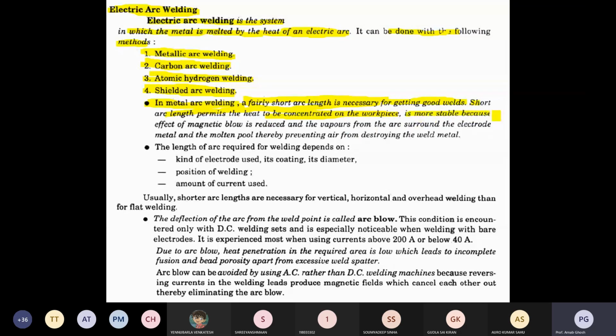It is more suitable because the effect of magnetic blow is reduced, and the vapor from the arc surrounds the electrode metal and the molten pool, thereby preventing the air from destroying the weld metal.